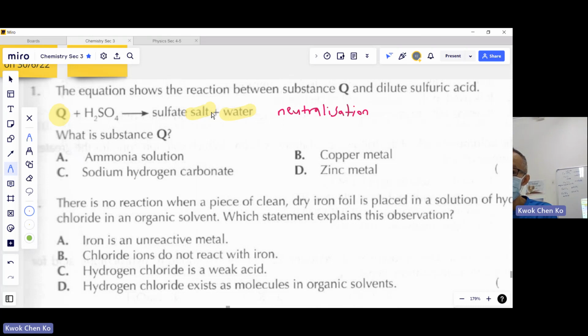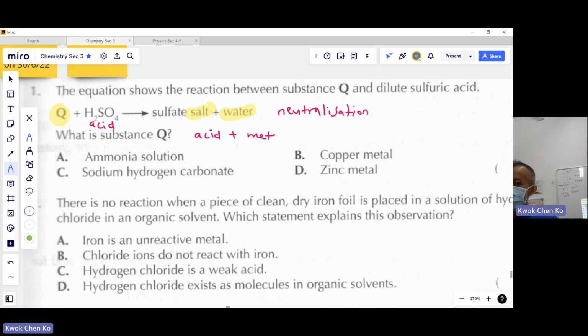Well, of course, this is an acid. Remember your 3 acid reactions? Please remember they are definitely coming out. So what do you think Q is, Alicia? The what? Copper. Come. You have 3 acid reactions, right?